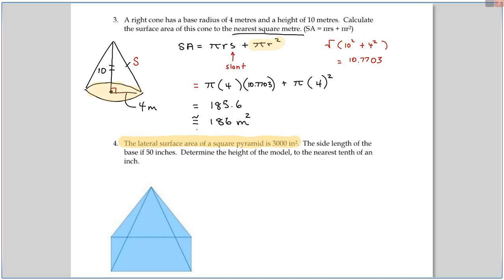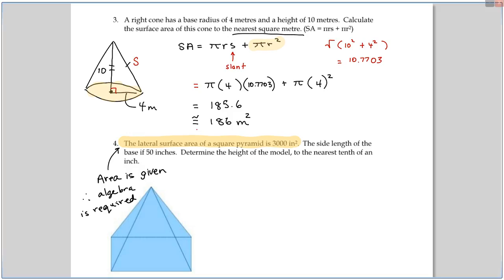What that tells me, and I'm going to make a little note of that, is that the area is given. Therefore, algebra is required. And this is always on the test and the final, where they give you the area and you have to figure out one of the components.